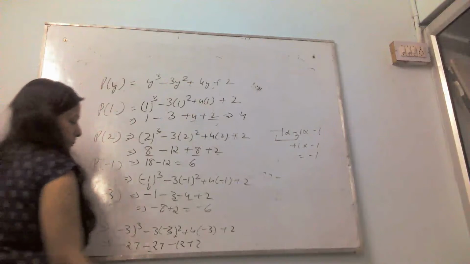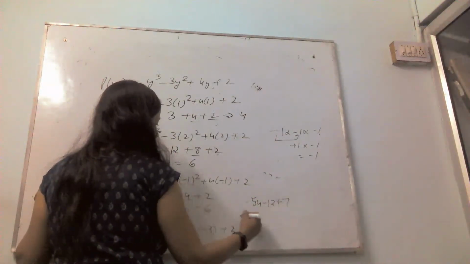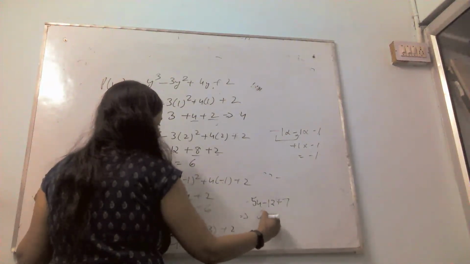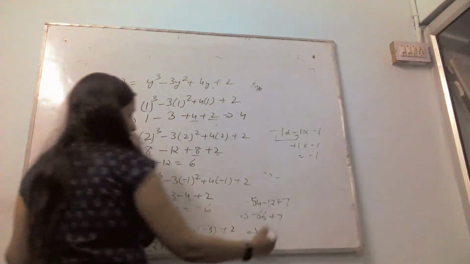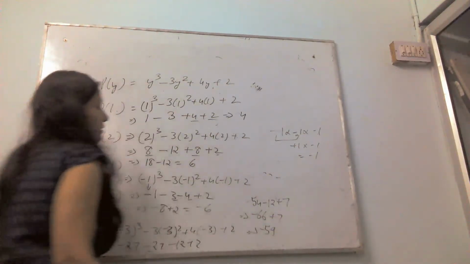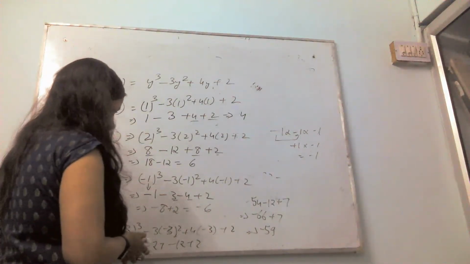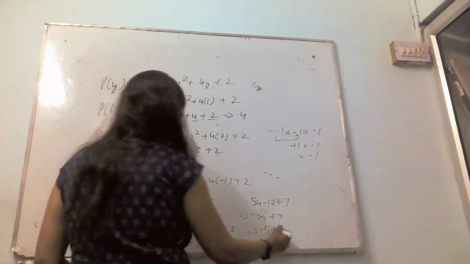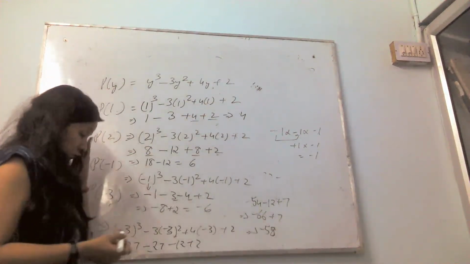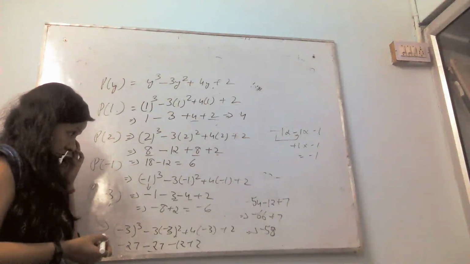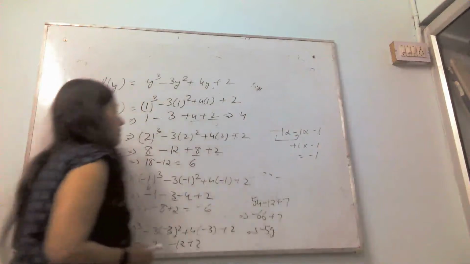Minus 54 minus 12 is minus 66, plus 2, minus 64... wait, 59 will be the answer. Sorry.